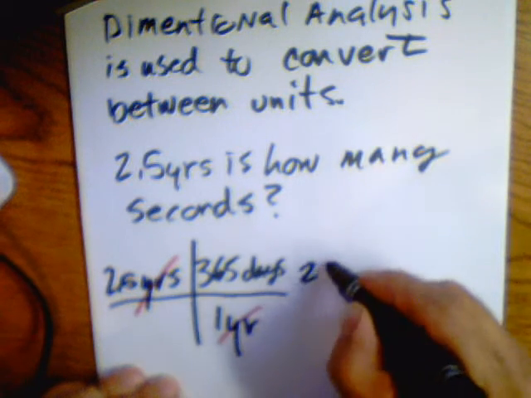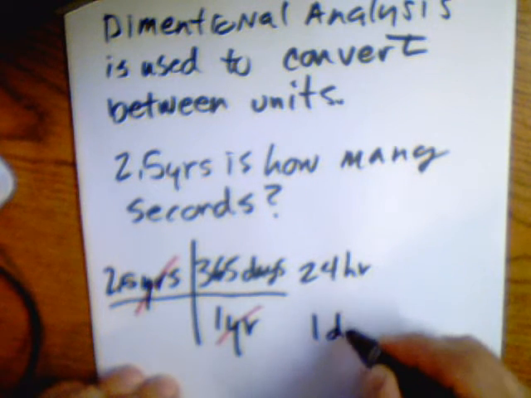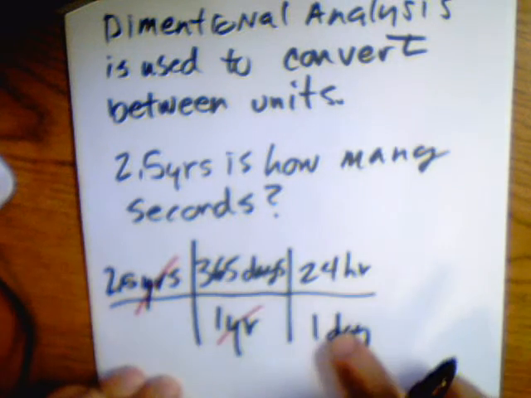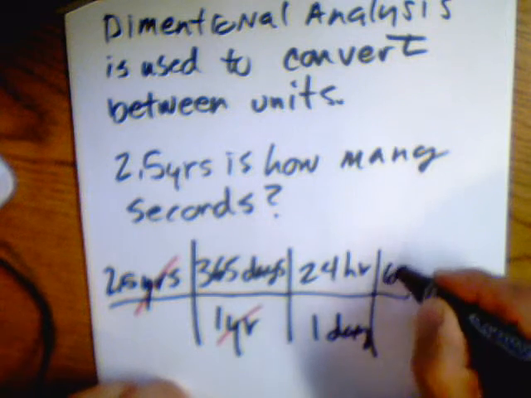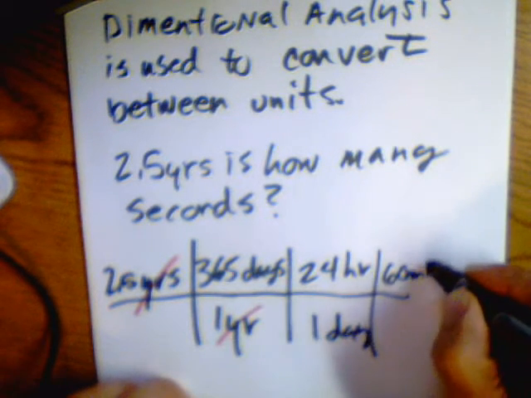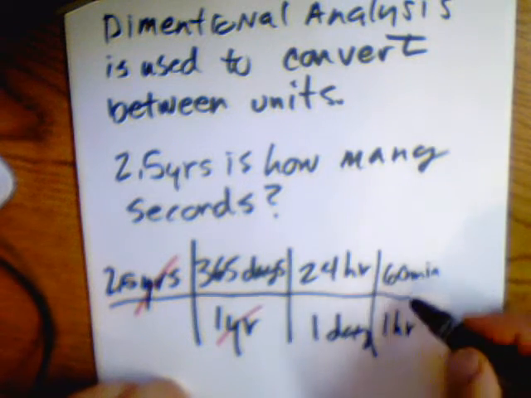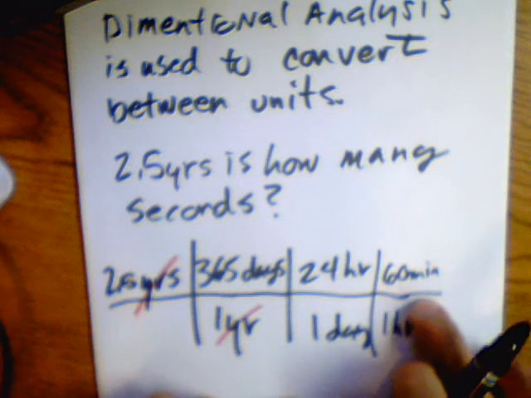There's 24 hours in 1 day. As you can see, in this situation, the days are going to cancel. And then there are 60 minutes in 1 hour. I have my hours which will cancel, and now I'm down to minutes.